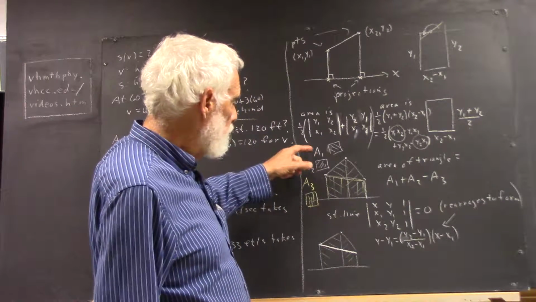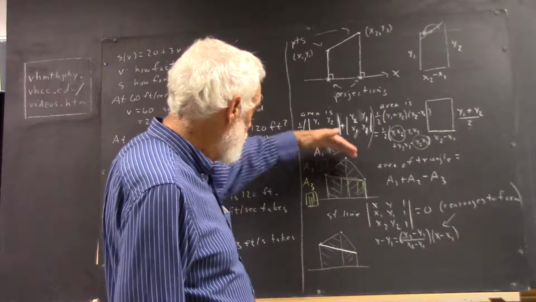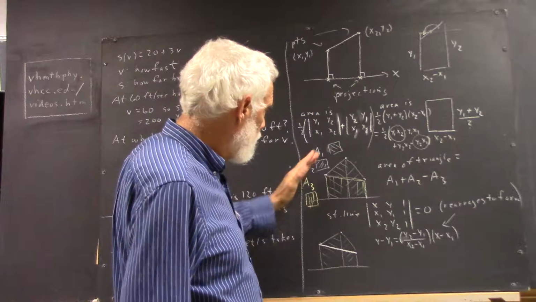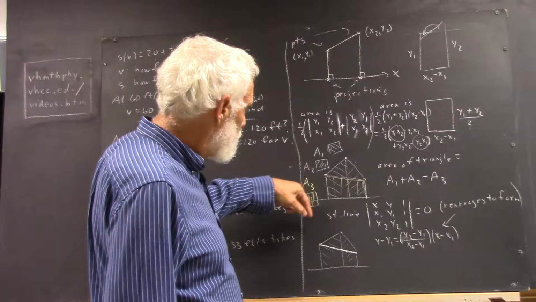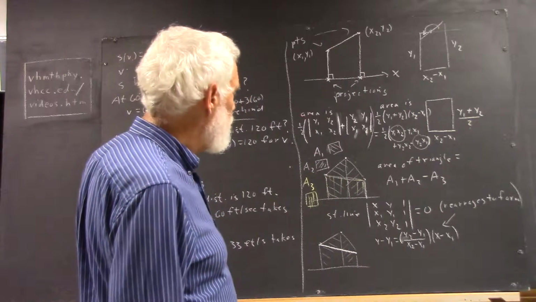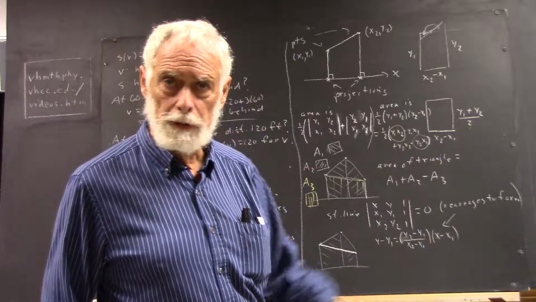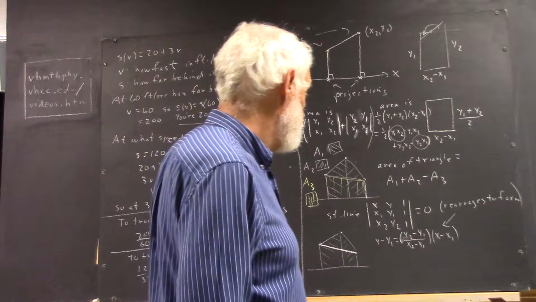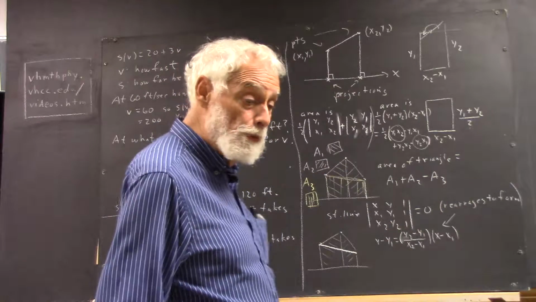So if A1 is the area of the trapezoid that was shaded this way, and A2 is the area of the trapezoid that was shaded this way, and A3 is the area of the trapezoid that was shaded with the vertical lines, how could we take those three areas and calculate the area of the triangle? Well, somebody said it's just A1 plus A2 minus A3.